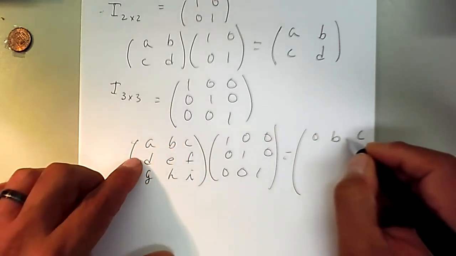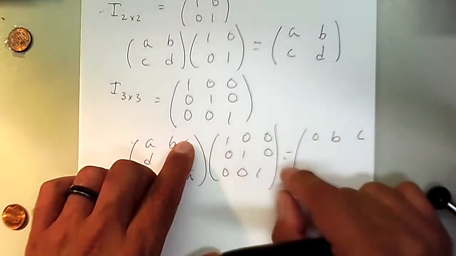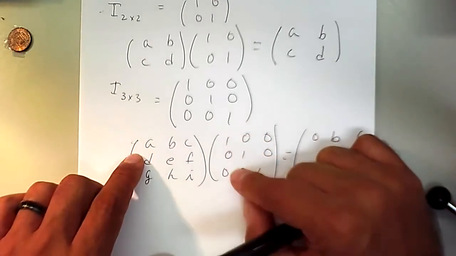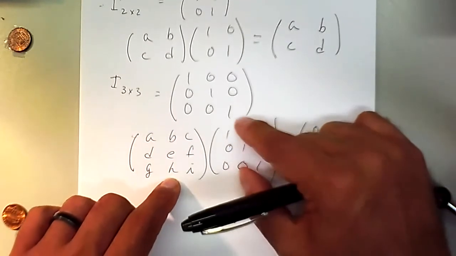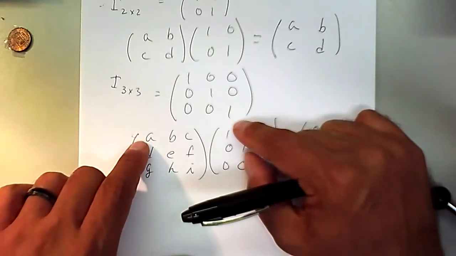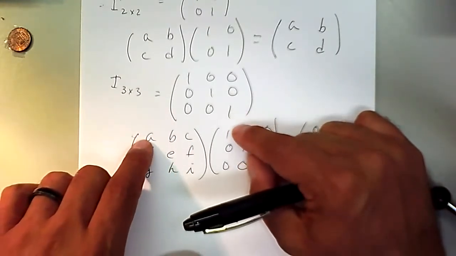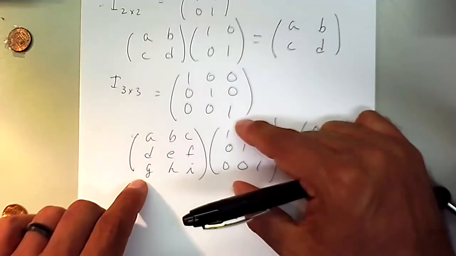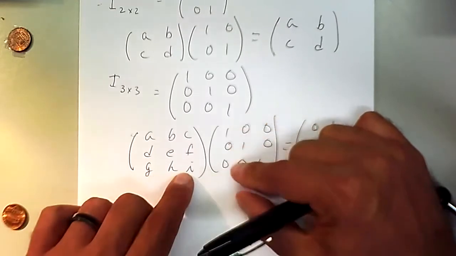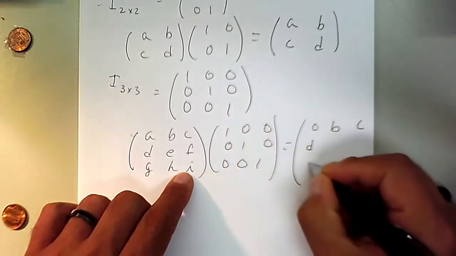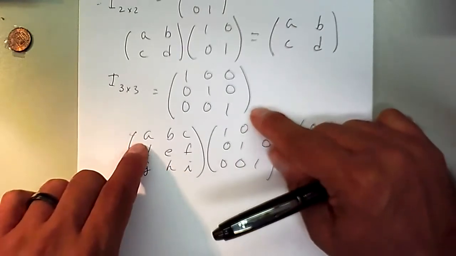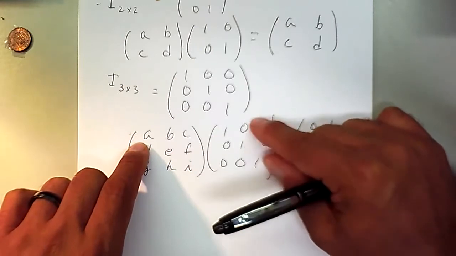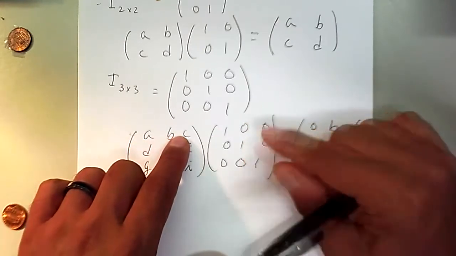I keep the same row and I go down the columns. What if we do it the other way? Keep the column and go down the rows. I think that's going to be a little more efficient, because we take the A and nothing else, take the D and nothing else, take the G and nothing else. So D, G. And as we use this column, we pick up the middle term. Nothing, B, nothing.